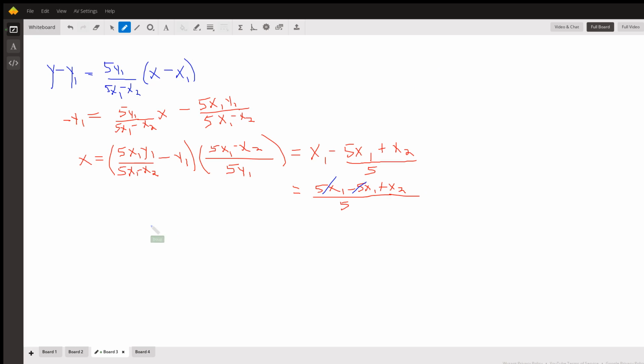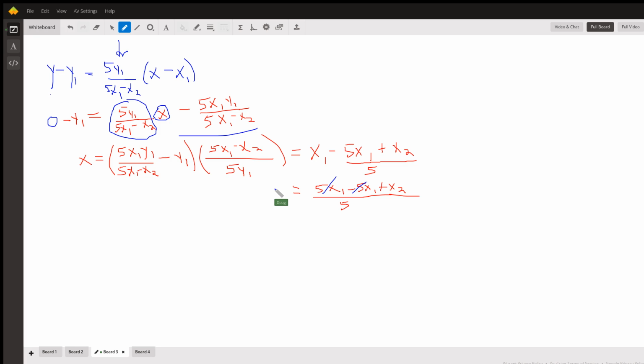And then on board 3, I wrote the equation of line BK using the point-slope formula, where (x1, y1) is the coordinates of point B, and this is the slope. Now that we've got that equation, we want to know the x-coordinate of that point when y is 0, so we put a 0 there. I move this term to the left side of the equal sign, then multiply both sides by the reciprocal of x's coefficient.